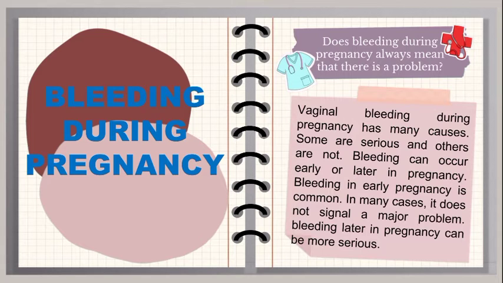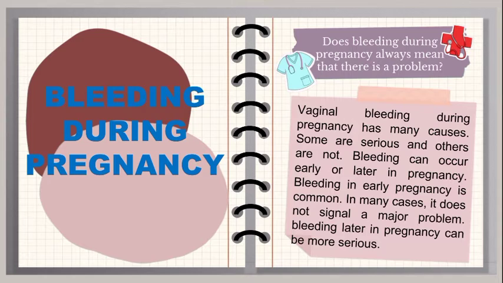The second reason is ectopic pregnancy, when the fertilized egg implants itself outside of the uterus and begins to grow. The third is molar pregnancy, when a mass of tissue forms inside the womb instead of a baby.